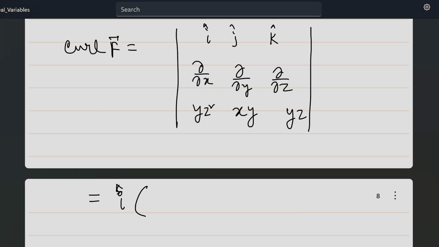So it is nothing, just a simple determinant. If you know the determinant, it is z.